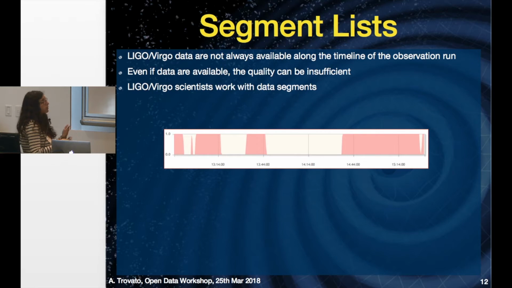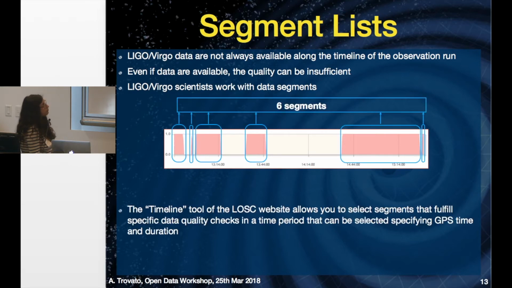I just explained the typical categories of data quality that you can require. So you have to work with the segments. For example, in this screenshot of the timeline that I was showing before, you see 6 segments. So this tool is very powerful to make you see and download the segments.